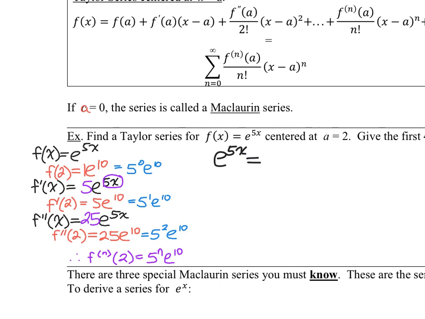All right? Following the model, constant value, so e to the 10th. If you want to write the 5 to the 0th, e to the 10th, that's fine. I'm just going to write e to the 10th. Then we're going to add to that 5 e to the 10th times x minus 2.